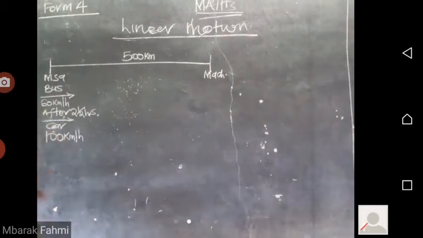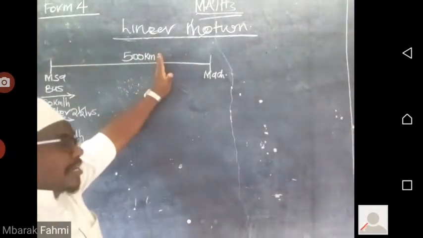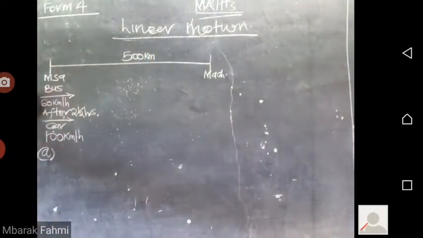So the first question, part A, you are asked what distance the bus had covered by the time the car is taking off.